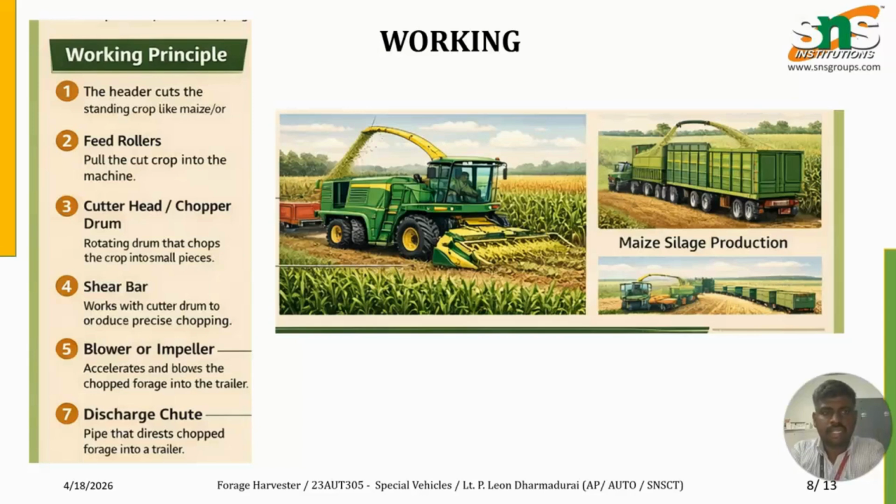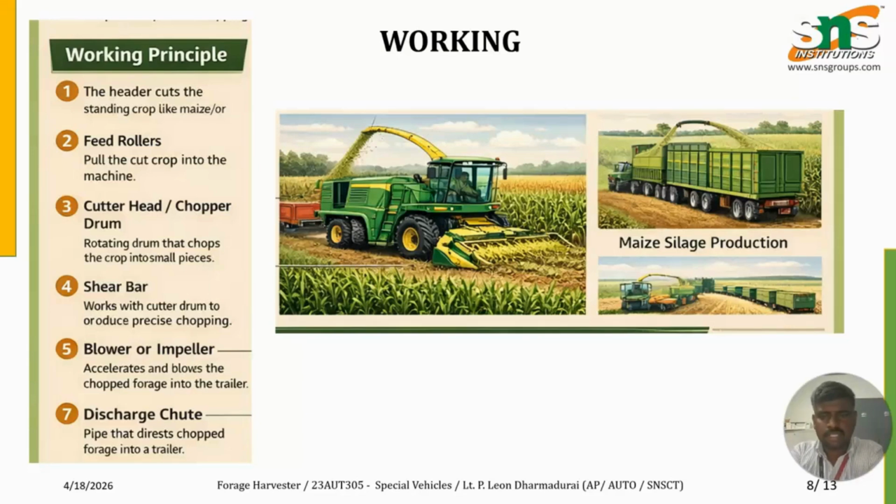The header first cuts the standing crop, and the second part is the feed roller. It pulls the cut crop into the machine. The third part is the cutter head and chopper, where the rotating drum chops the crop into small pieces, and the shear bar works with the cutter drum to produce precise chopping.